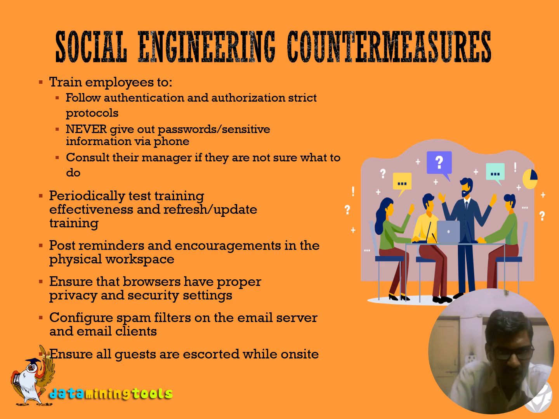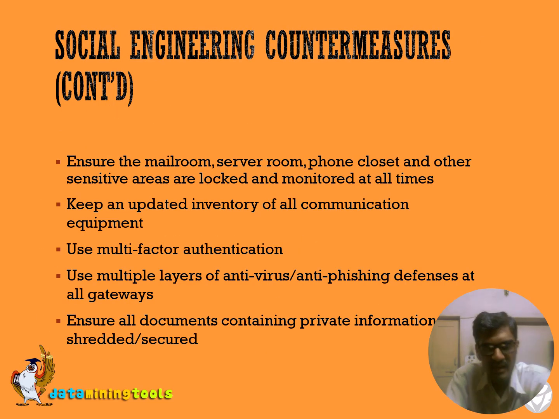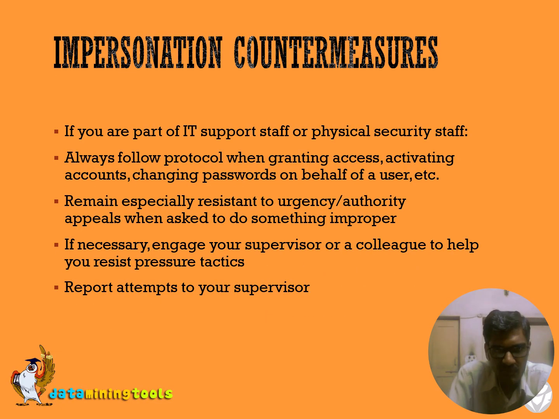Configure spam filters on email servers, and ensure all guests are escorted while they are on site in the company. Ensure the mailroom, server room, phone closet, and other sensitive areas are locked and monitored at all times. Keep an updated inventory of communication equipment. Use multi-factor authentication, not just one factor. Use multiple layers of antivirus and anti-phishing defenses at all gates. So these are some of the ways to do it.